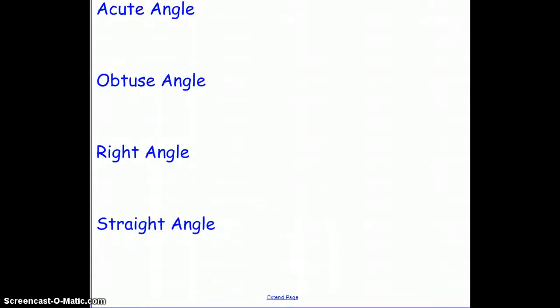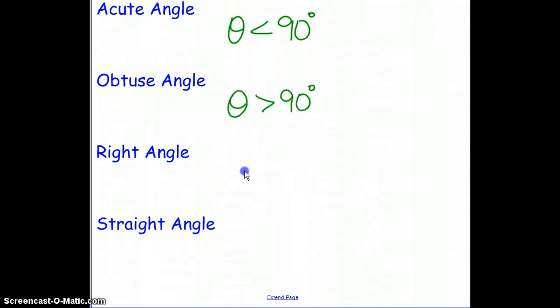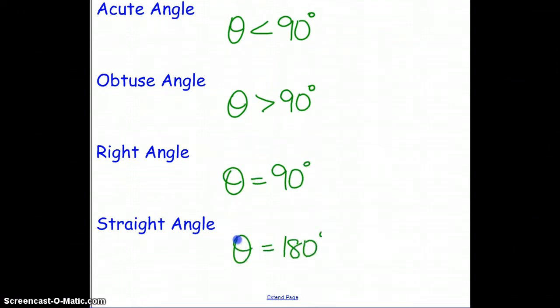All right, this should be pretty easy to recall. There are 4 types of angles. An angle, we'll call it theta, with a measure that is less than 90 degrees is considered acute. An angle that is greater than 90 degrees is considered obtuse. An angle that is equal to 90 degrees is considered right, and an angle that is equal to 180 degrees is considered straight.